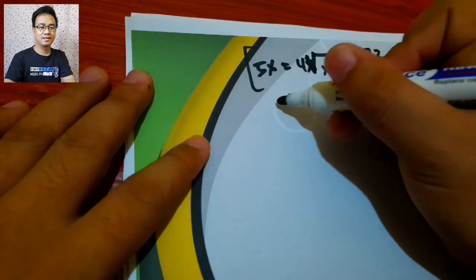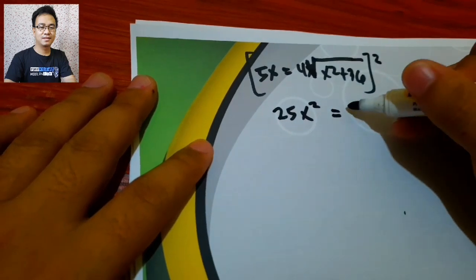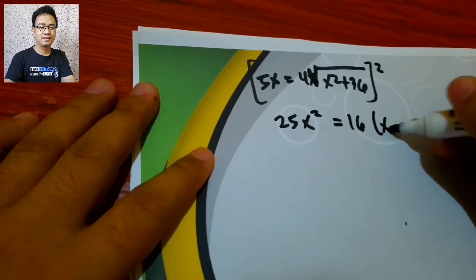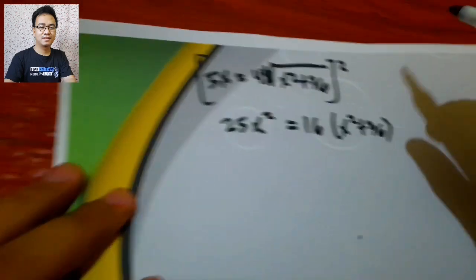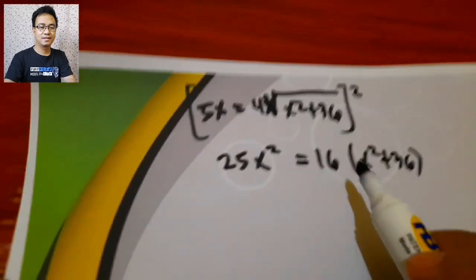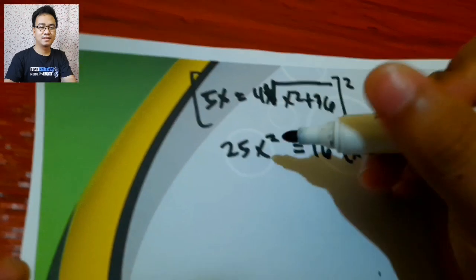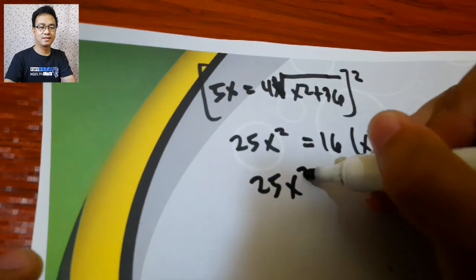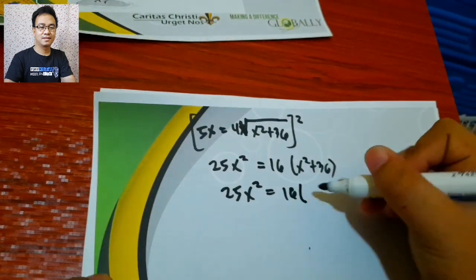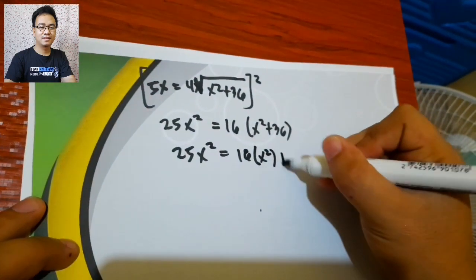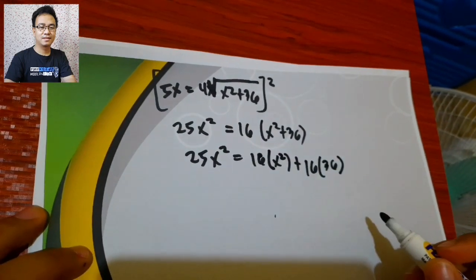If we square both sides, this will leave us 25x squared equals 16 times x squared plus 36. 16 times this one, x squared plus 36, will give us 25x squared equals 16 times x squared plus 16 times 36.